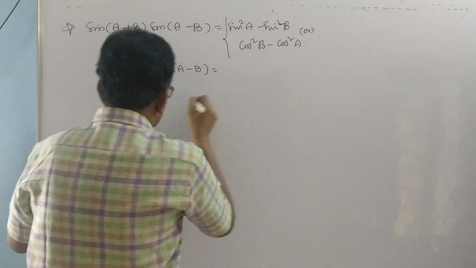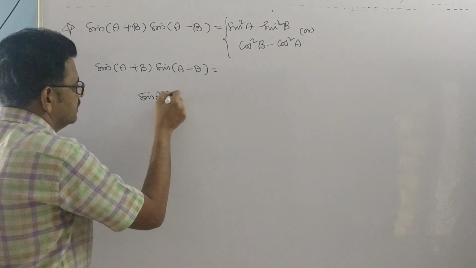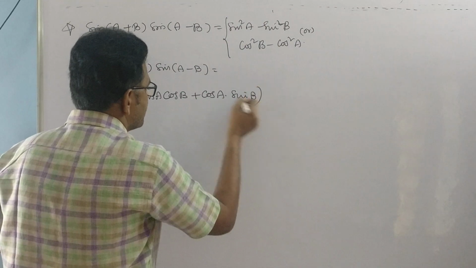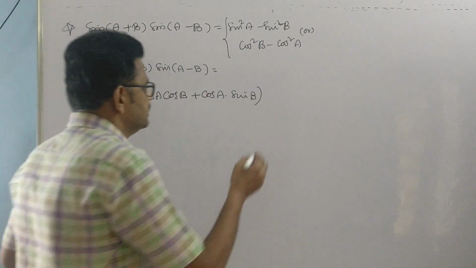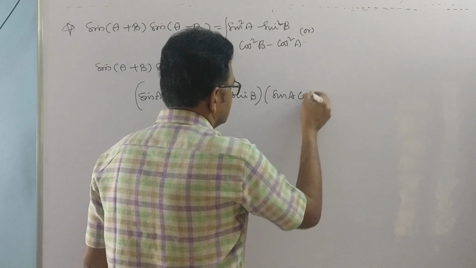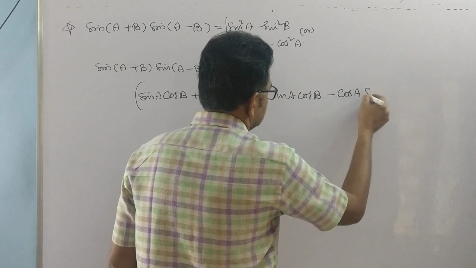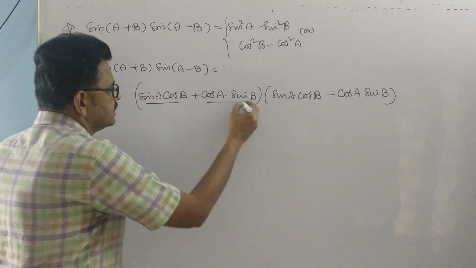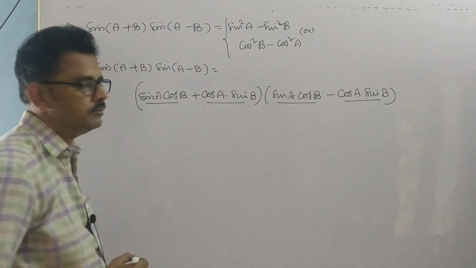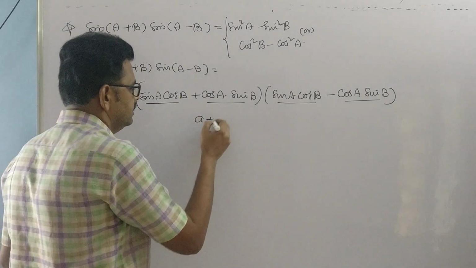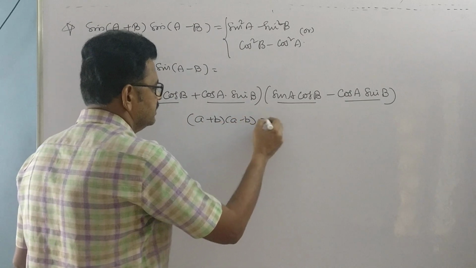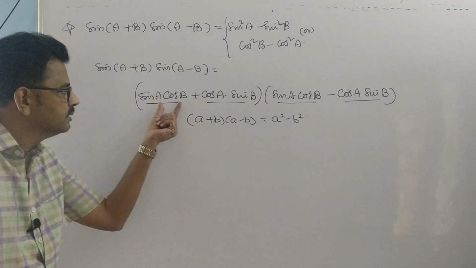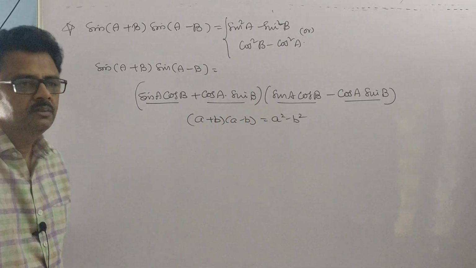Sine A cos B plus cos A into sine B. And the sine of A minus B is sine A cos B minus cos A into sine B. So this is just like a plus b into a minus b form, which is a square minus b square. What is a? This is a and this is b.